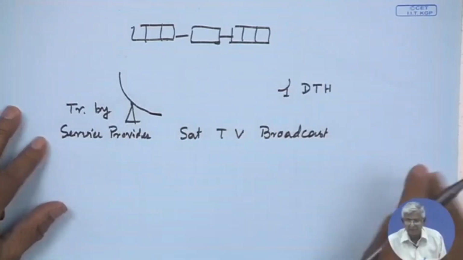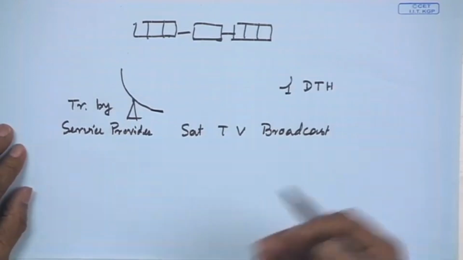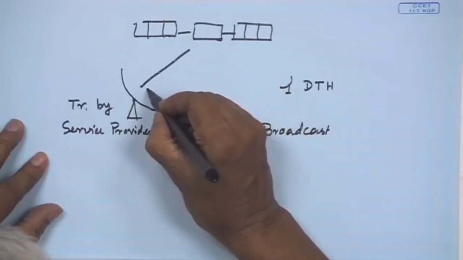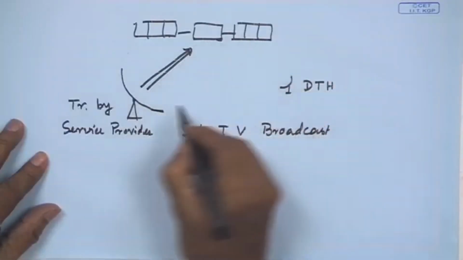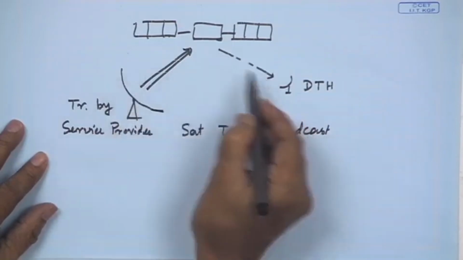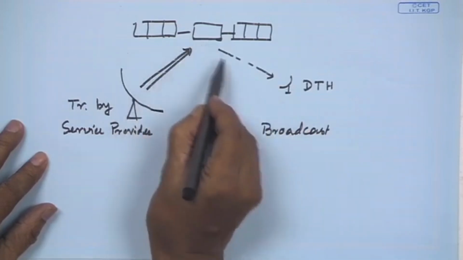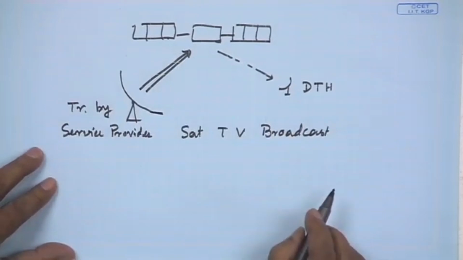There are standard commercial service providers, and government service providers like Doordarshan, like Tata Sky, like many others, Z, etc. So, this link is a fat link, uplink, and this link is a thinner link in terms of C by N naught. So, C by N naught uplink is very high compared to C by N naught downlink, one of the example.